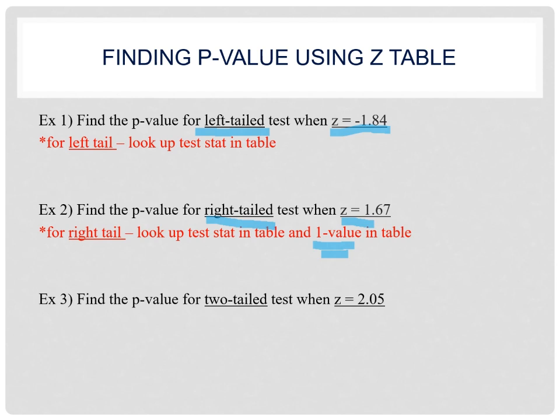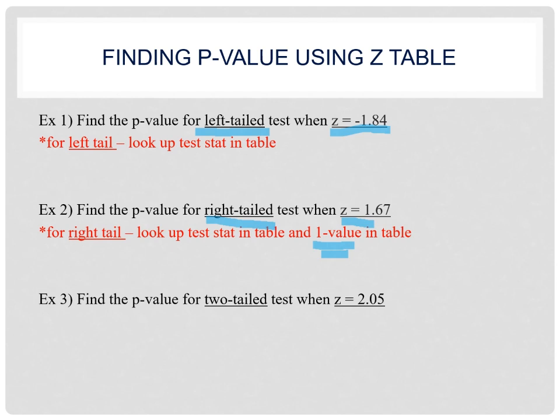When I look up 1.67, I get 0.9525. And when I do 1 minus that, I get 0.0475. And that's my p-value. That's what I'm looking for. A p-value is just a probability, so I'm looking for these numbers out of the tables because I know that's what's in those tables.